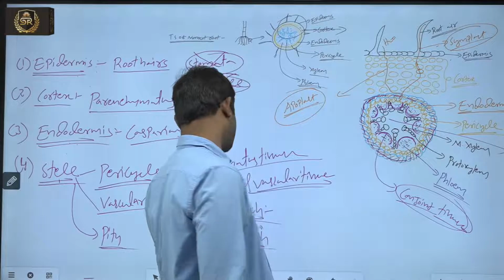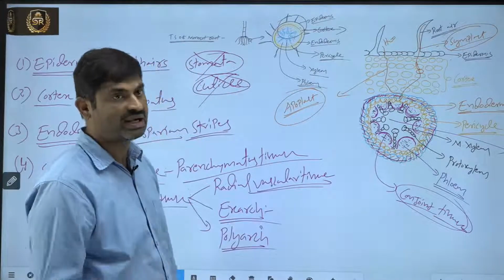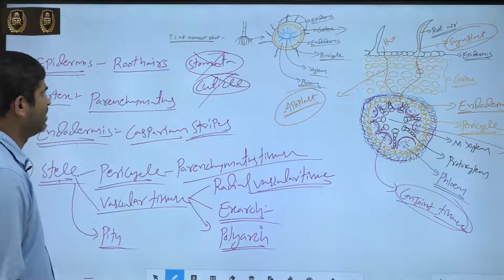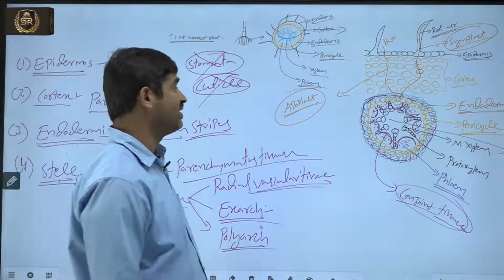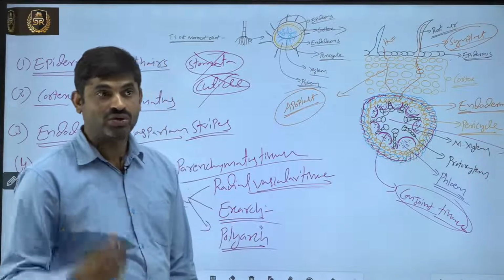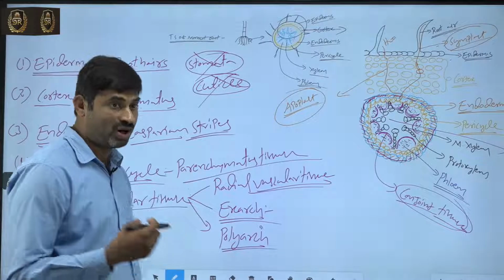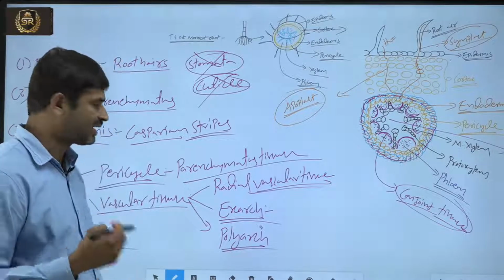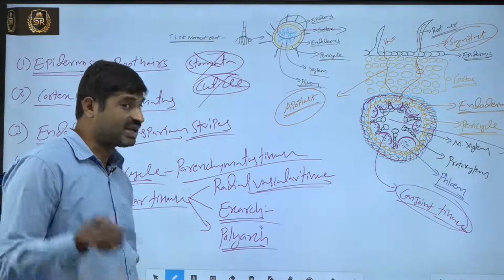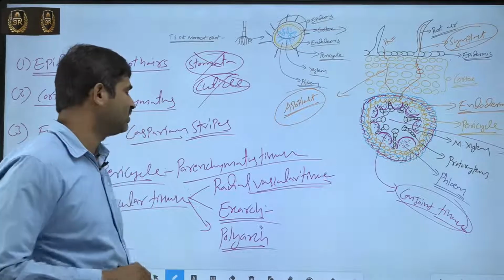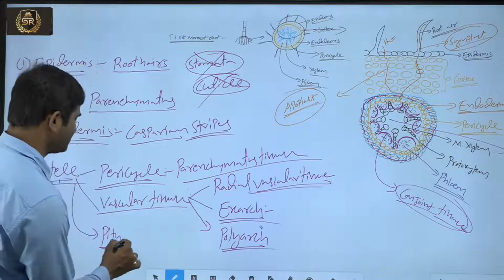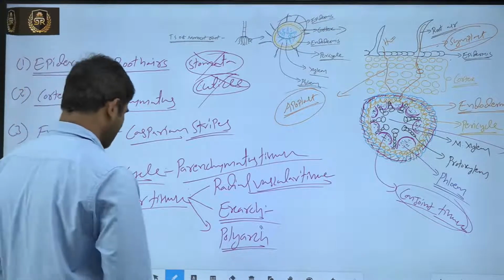That condition is called polyarch condition. Polyarch condition is a characteristic feature of monocot root. Next one, tetrarch condition is a dicot root characteristic feature. Next one, pith is present.